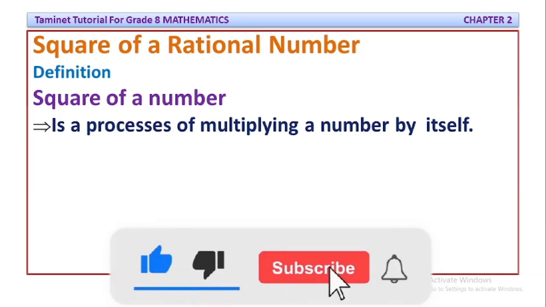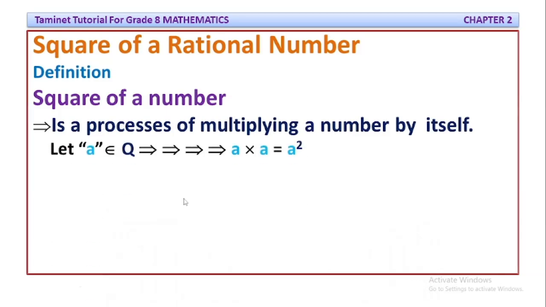So it is a process of multiplying a number by itself. For example, let A be an element of rational number. If we multiply A by itself, A times A, which is equivalent to A to the power of 2, or we can read as A square. This is a way how to define a square of a number.